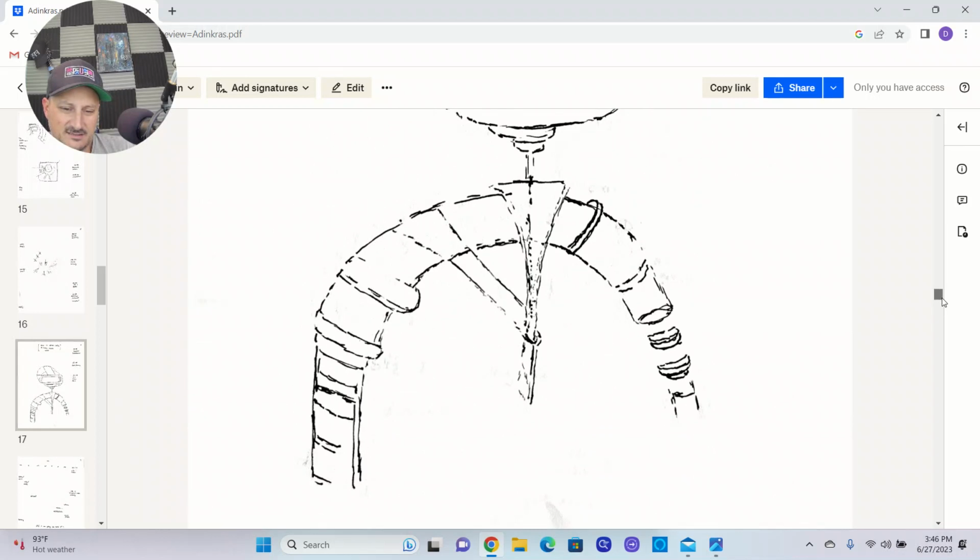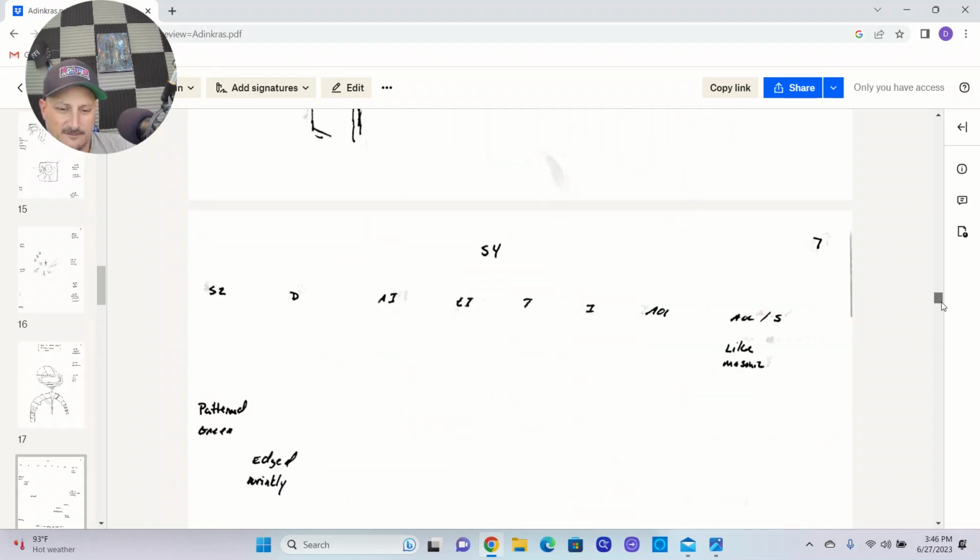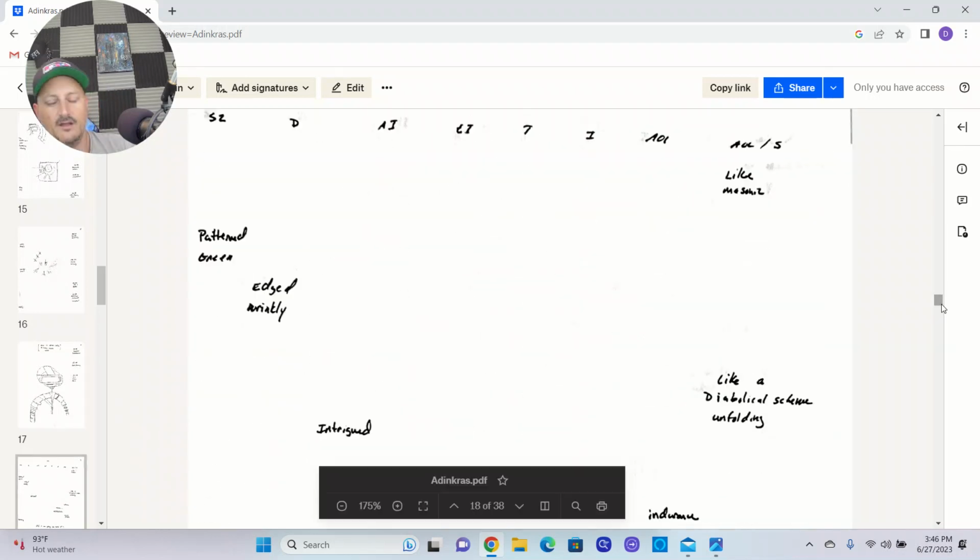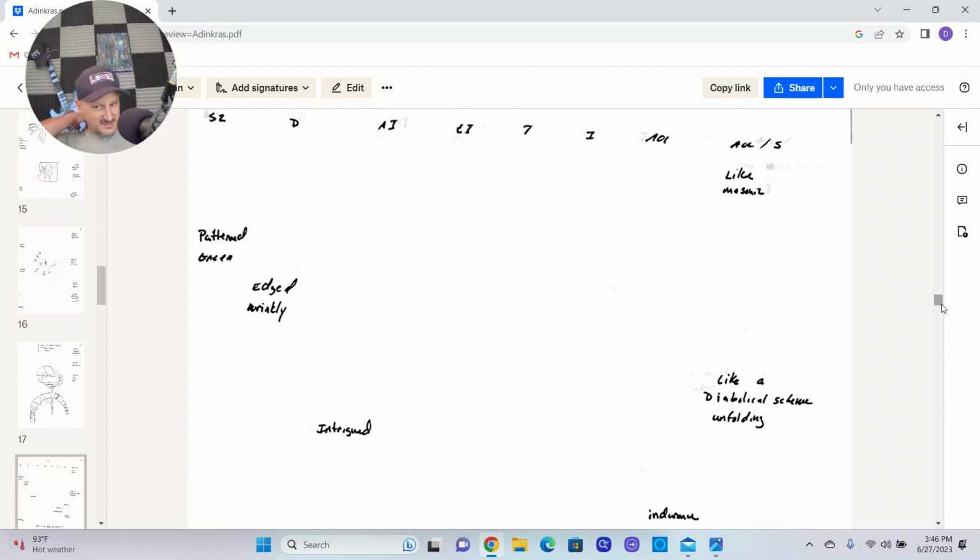Okay, so now I'm getting this machine. What this felt like was a giant machine, like in space or something, spitting out microwave energy.